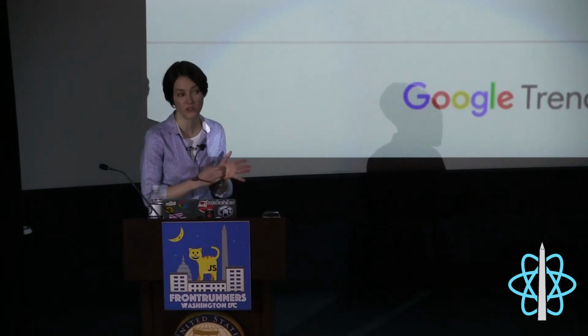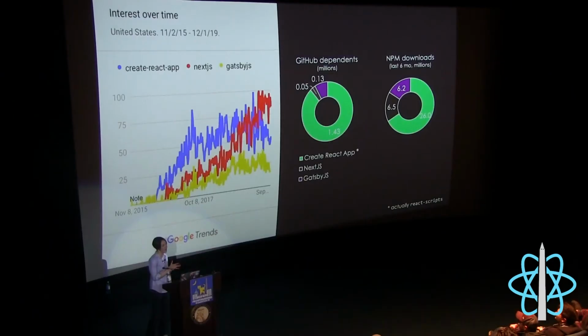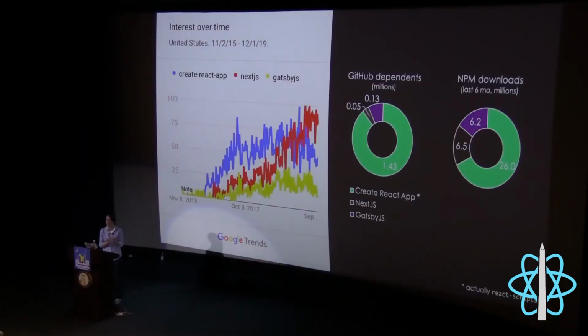Can anyone else imagine why you would have a lot more repositories using Gatsby, but just as many downloads from NPM? Private sites? Private sites are going to be one of them, yeah, definitely. Everyone's got their open source Gatsby blog, and it's just out there.